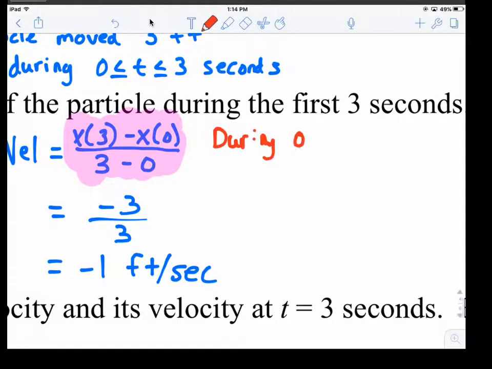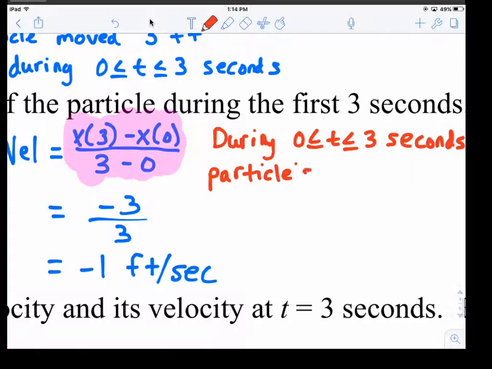During 0 less than t less than or equal to 3 seconds, the particle's position is, what is it doing?